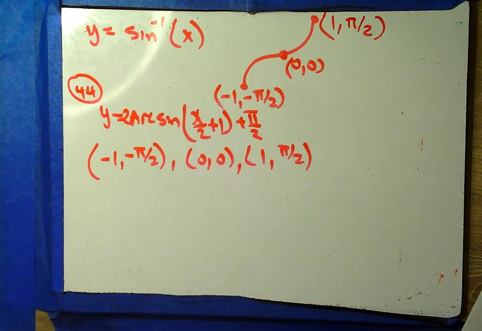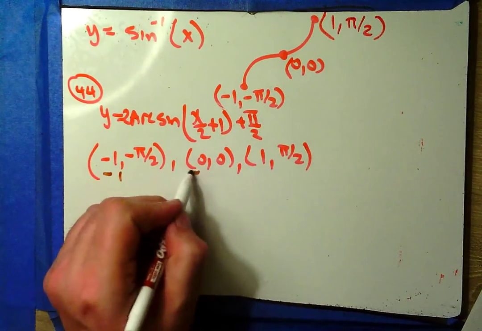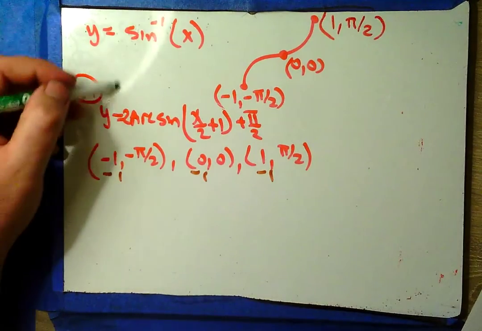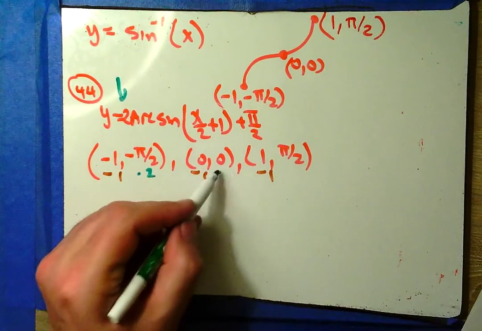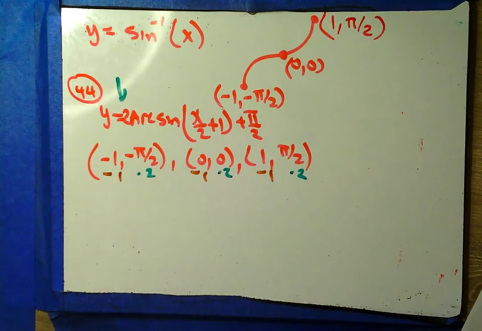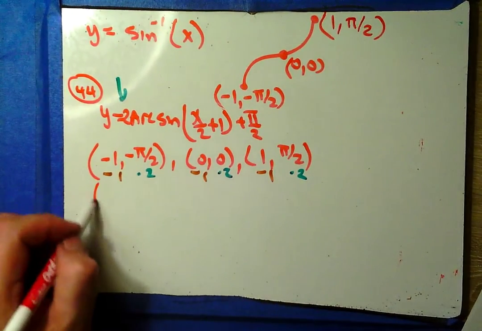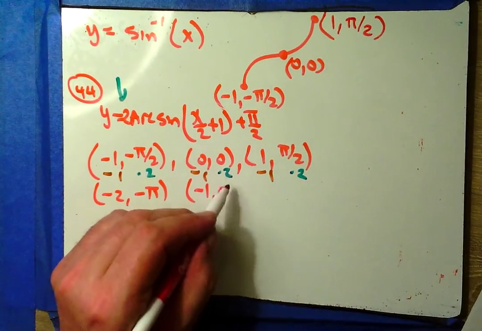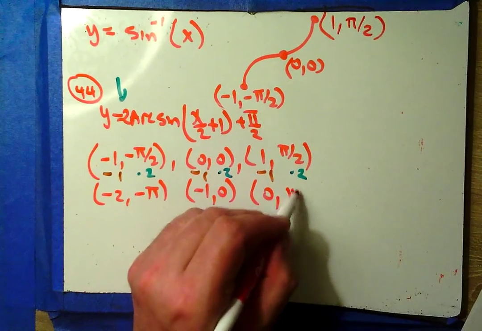Well, we need to subtract 1 from all the x's. And out here, I see a 2, so I need to multiply all the y's by 2. So my new points are going to be negative 2, negative pi; negative 1, 0; 0, pi.